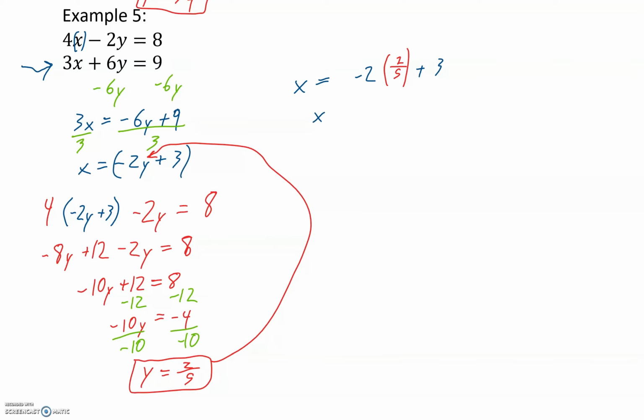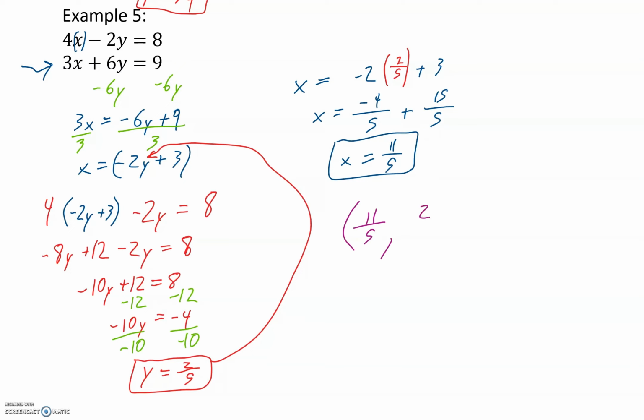I want to follow my convention. Negative 4 over 5 plus, and we're going to change that to be 15 over 5, which is the same thing as writing 3. Okay, now that we have that, we can solve for x equals 11 over 5, which is our final answer for x. Since we have x and y, we can write this in coordinate form, like that.